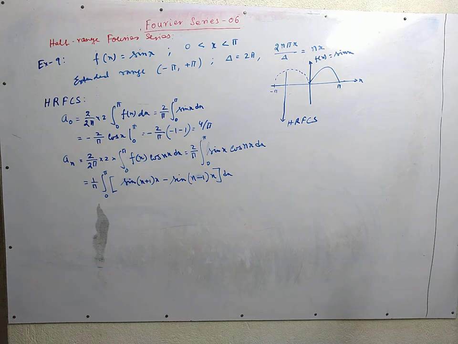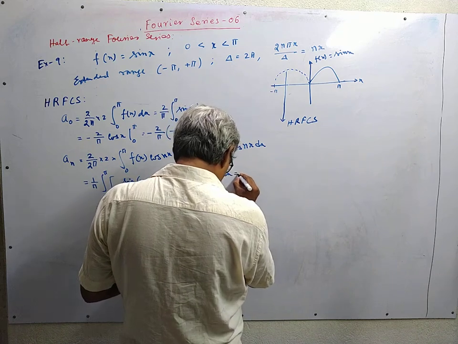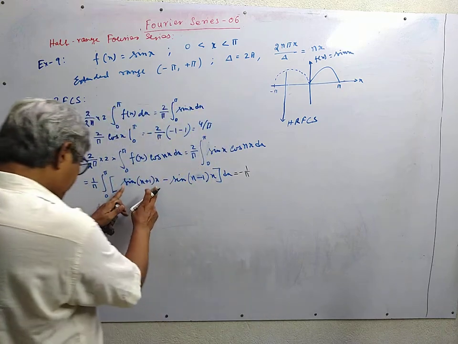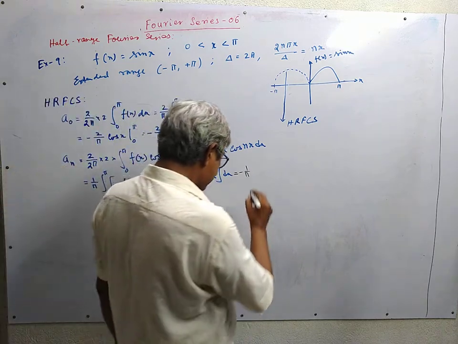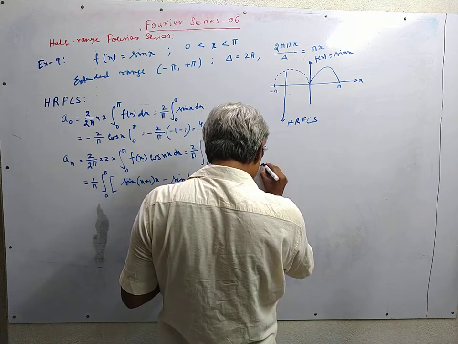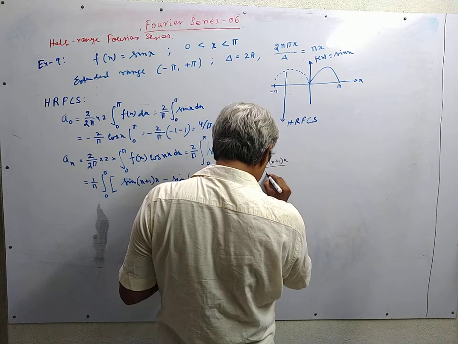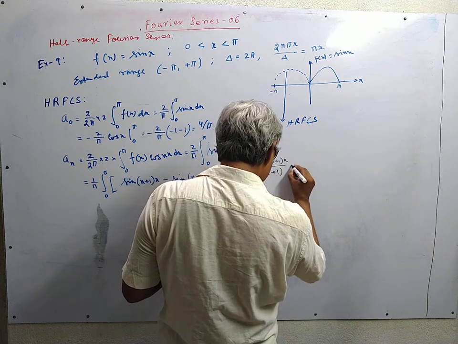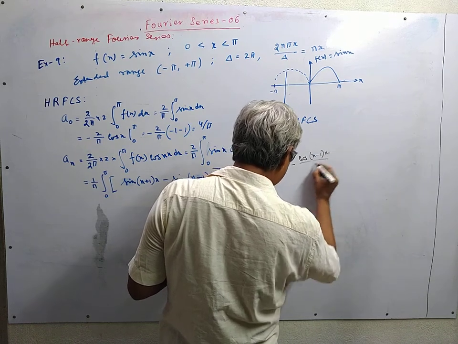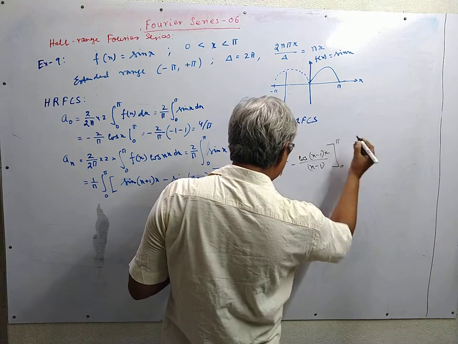And if we integrate this, we will get minus 1 upon pi. This minus sign comes from the integration of sine part. This is cos of n plus 1 x by n plus 1 minus cos of n minus 1 x by n minus 1 within limit 0 to pi.